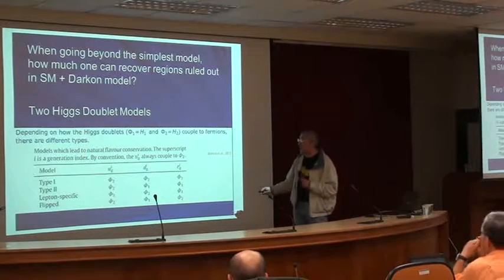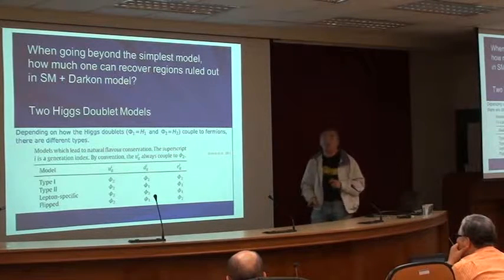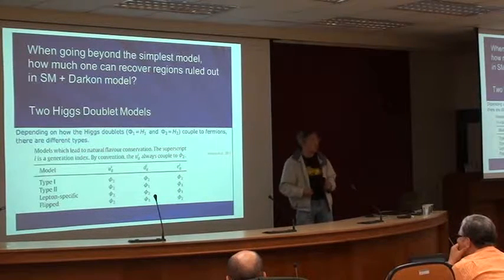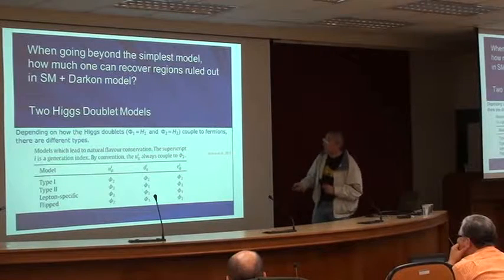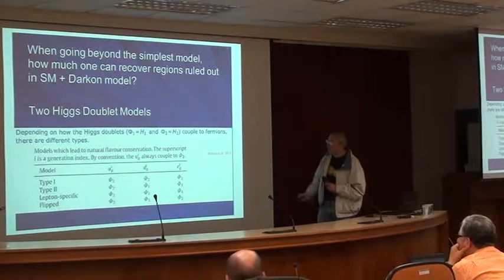But the other types will be different. So we'll take this one for a little more analysis to find out if we can recover some of the range of parameter space.